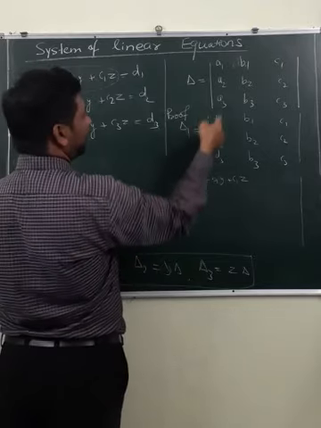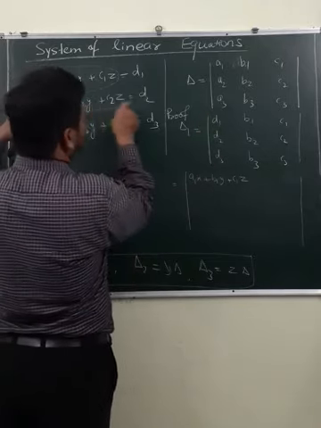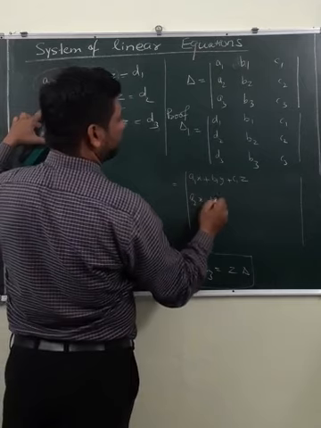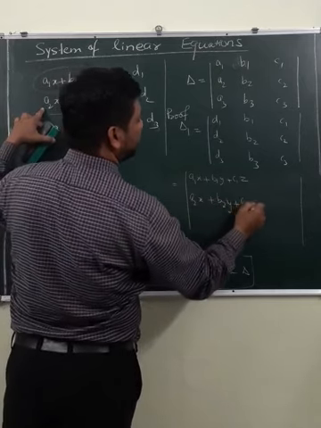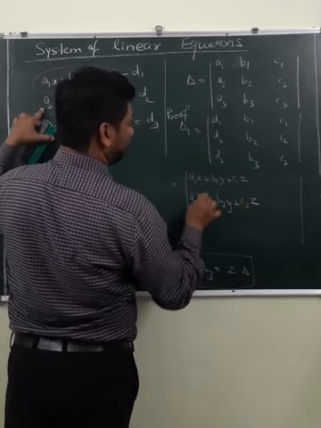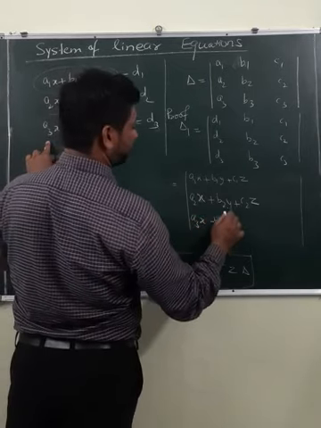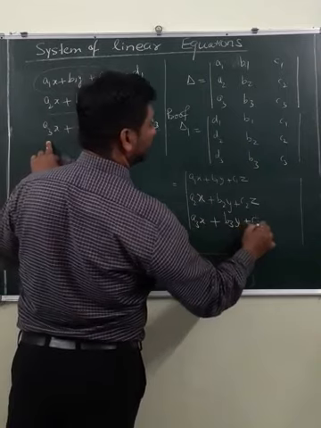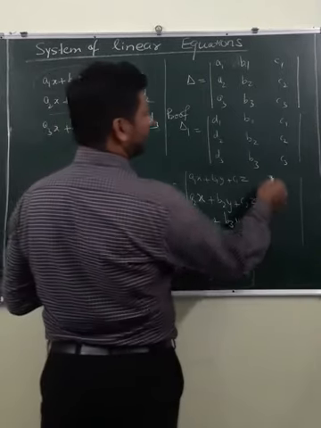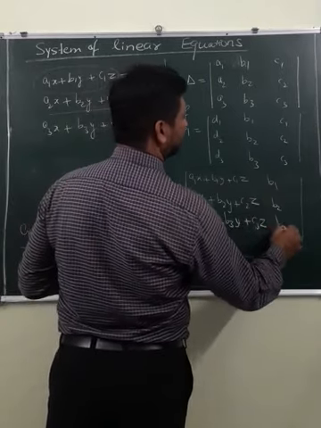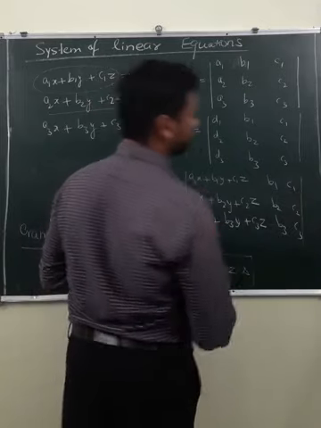In the place of D2, we'll write this expression: A2x plus B2y plus C2z. Similarly, D3 is this much. Then B1, B2, B3, C1, C2, C3.